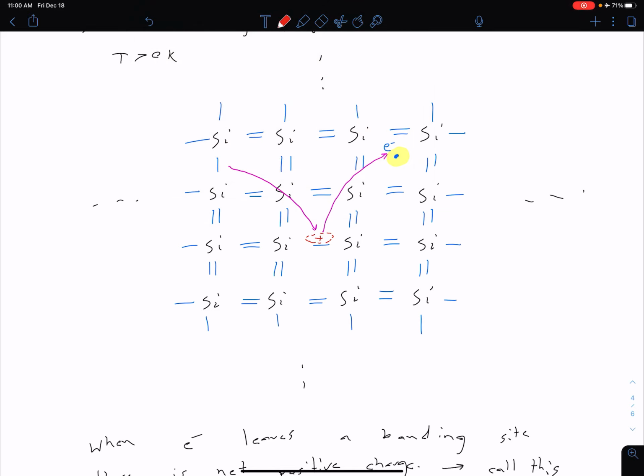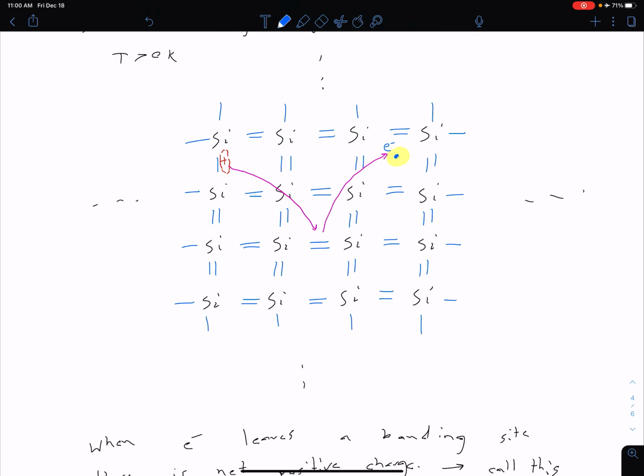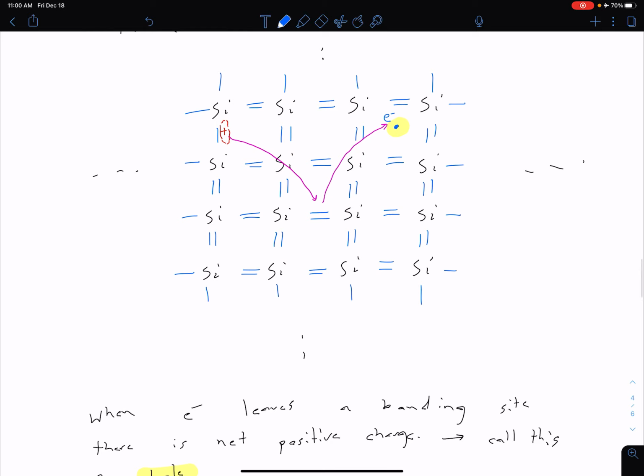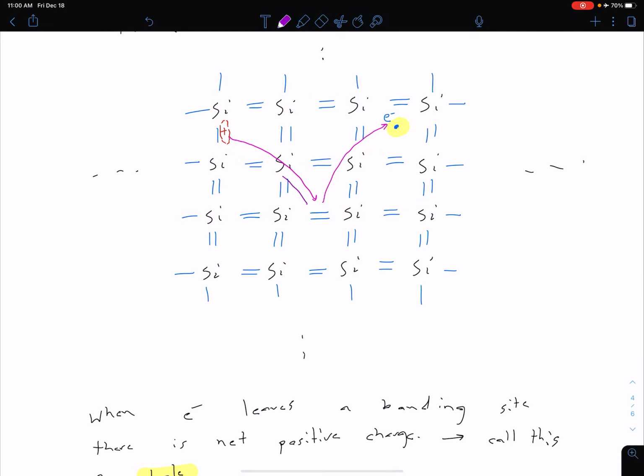And so what we have then is we would have a hole left where this electron was, and if that electron goes here, then of course it's going to fill the space that was previously filled by the other electron, and we're going to be going back to having two electrons here. And so of course we can think about that as our electron moving, but we could also think about it as our hole moving in the opposite direction.